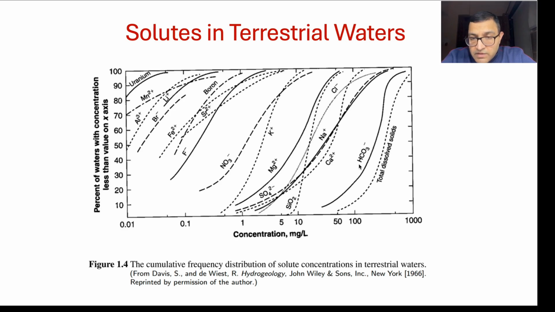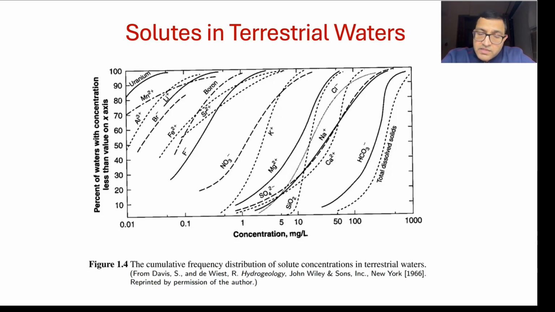Bicarbonate is a bit of an anomaly in the sense that even though its solubility or hydrophilicity is not as high as some of the other ions, it still has a relatively high abundance in terrestrial waters because there's a very profuse supply of bicarbonate, or carbonic acid, into water through the atmosphere.